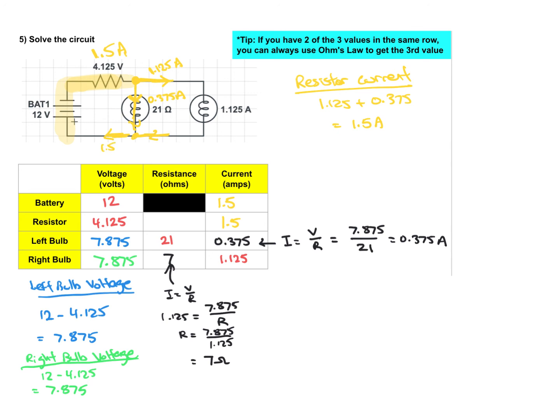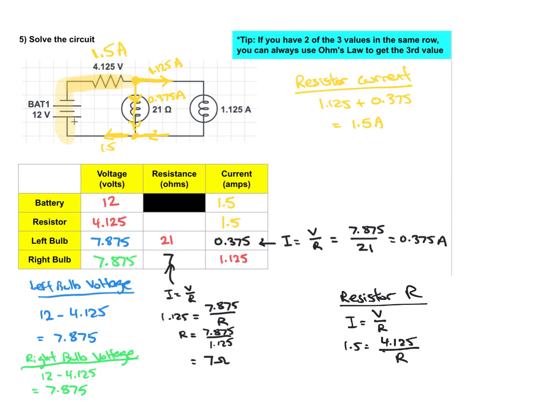Okay, so last but not least is pretty much the very middle. The resistance of the resistor has not been calculated yet. So right at the bottom down here, resistor resistance. So I'll write Ohm's law. So the current is 1.5, has to equal the voltage of 4.125 divided by something.